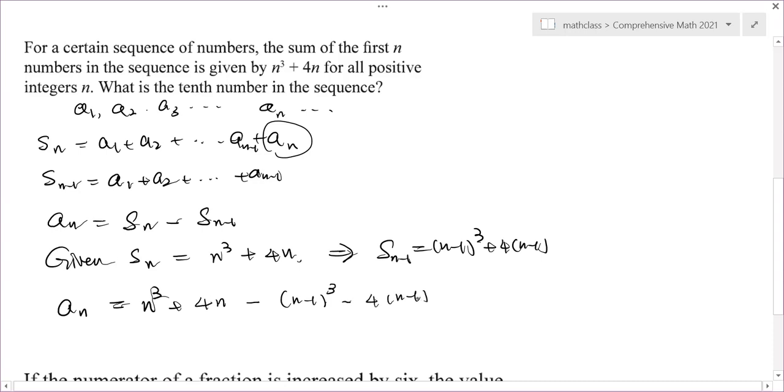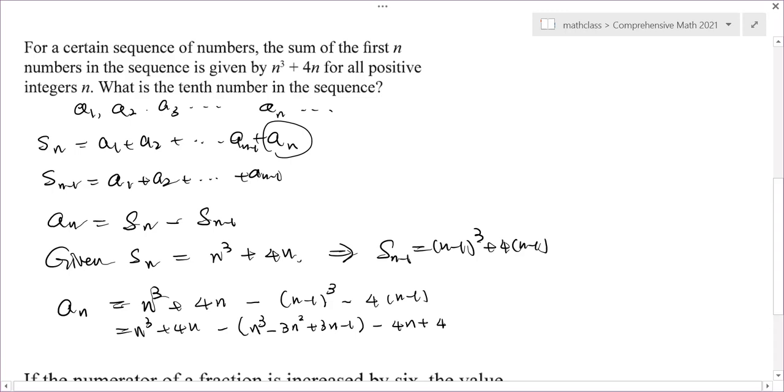After you simplify it, you can get the general term. Let's see what we get here. n cubed plus 4n, and here I have n cubed minus 3n squared plus 3n minus 1, and minus 4n plus 4.